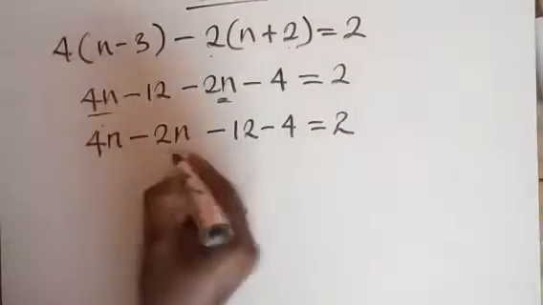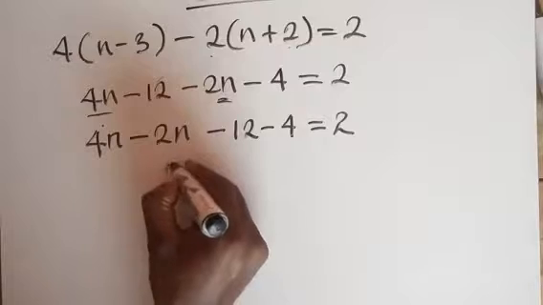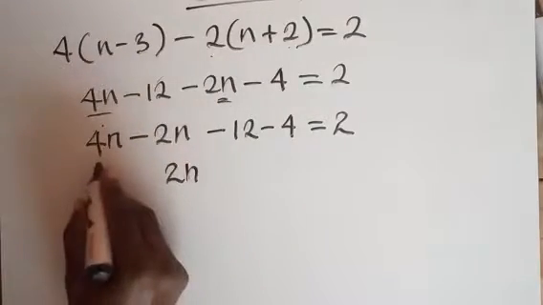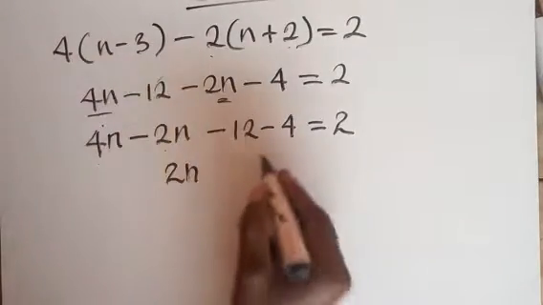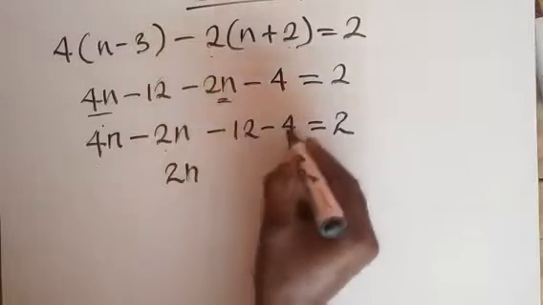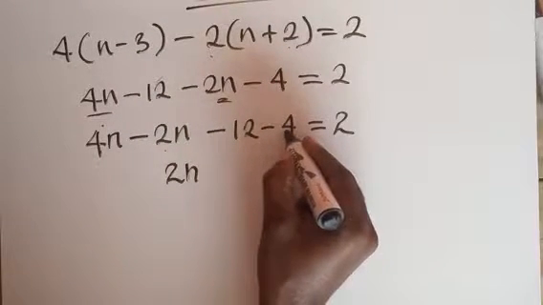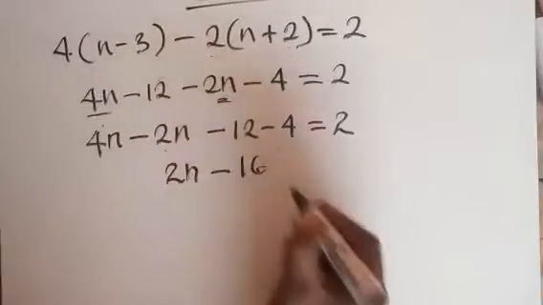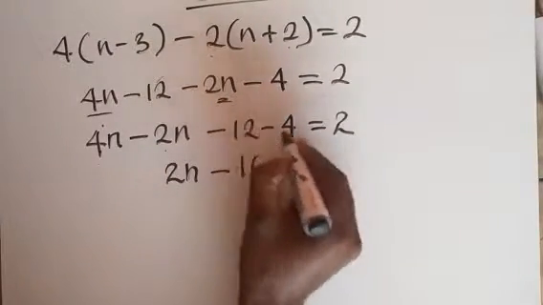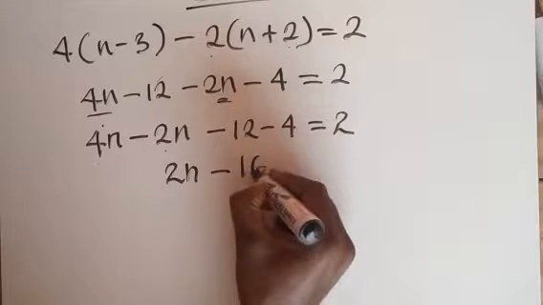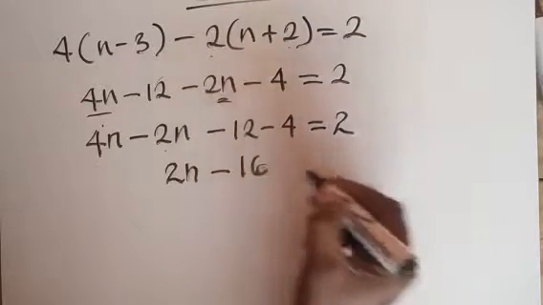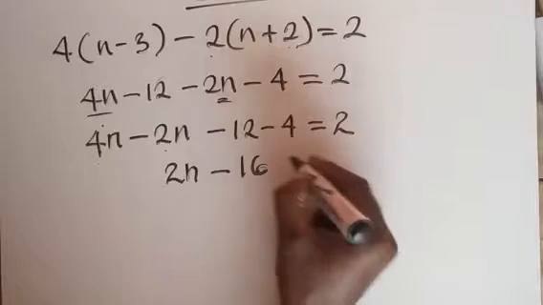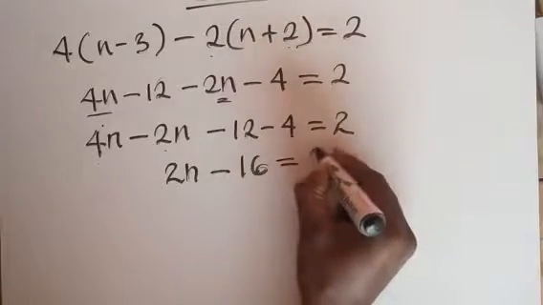Now 4n minus 2n will give me 2n, meaning that I have 4, I'm subtracting 2. And I owe somebody 12. I owe another person 4. So I owe how many? 16. So minus 12 minus 4 is minus 16, equals to 2.